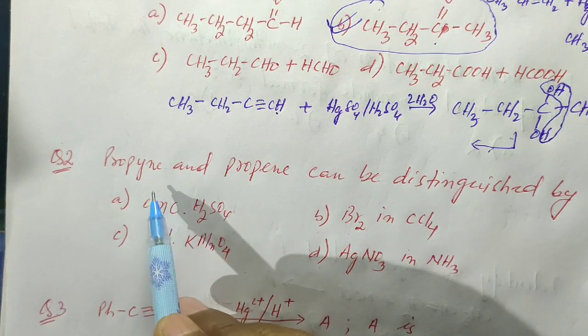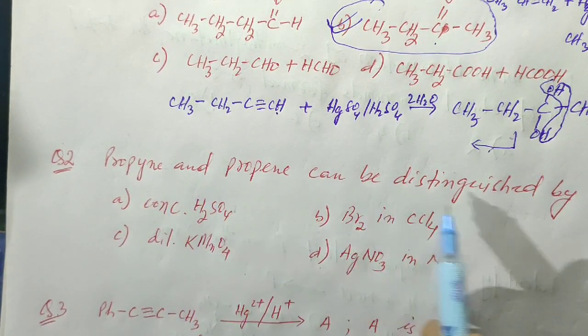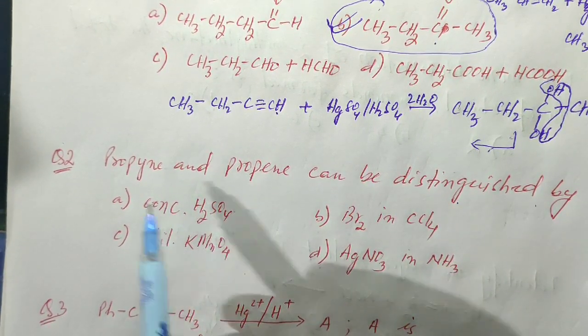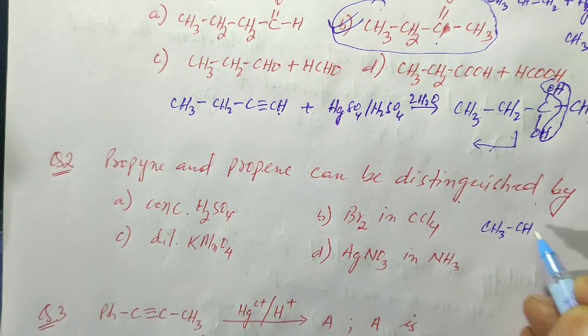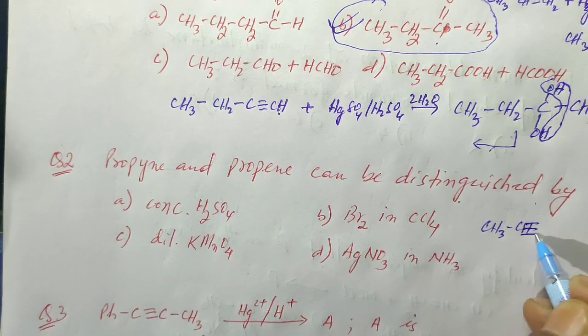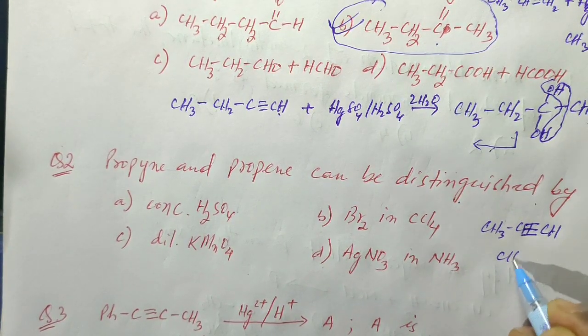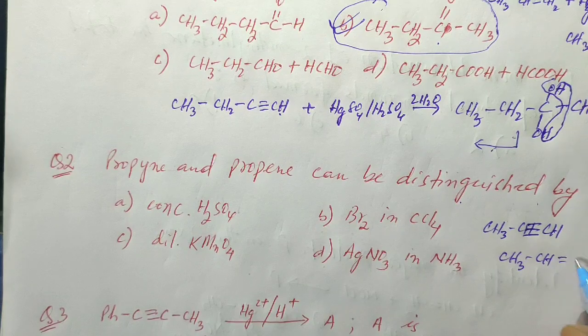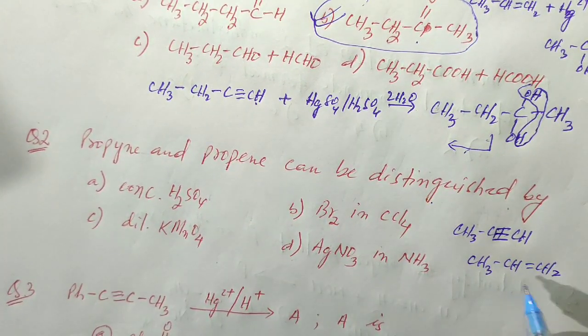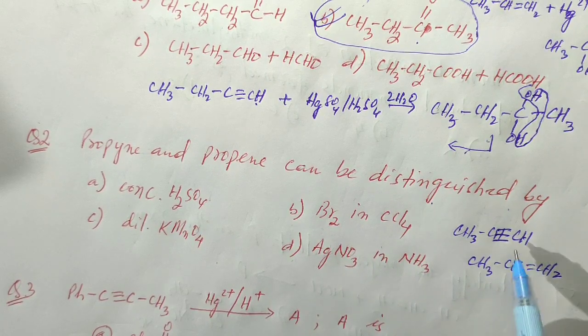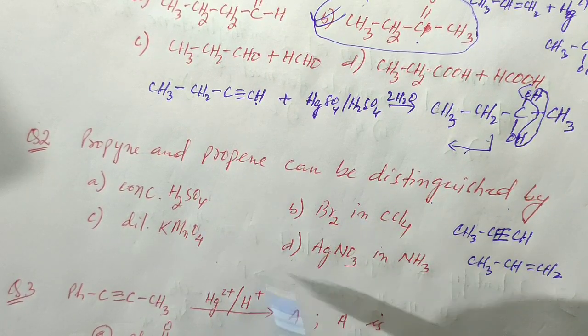Let me read it. Propyne and propene can be distinguished by, this is propyne. Propyne is CH3C≡CH, and the propene is CH3CH=CH2. This is propyne and this is propene. So these two compounds can be distinguished by which reagent?